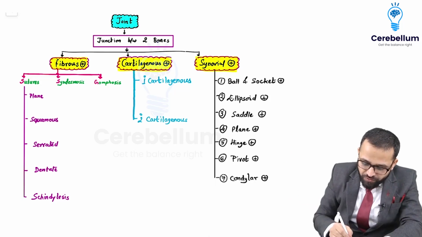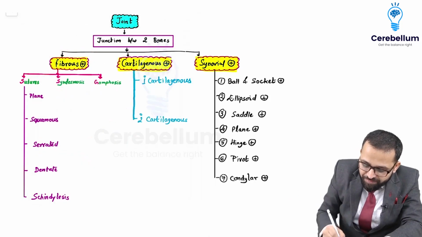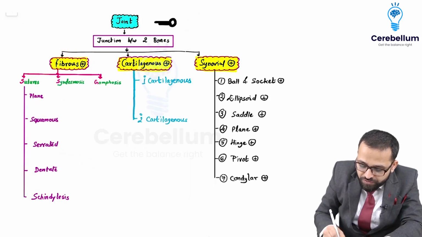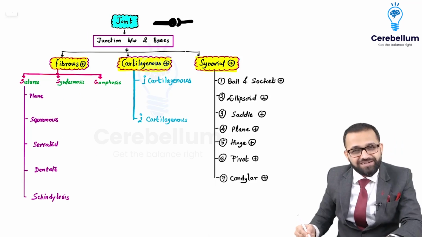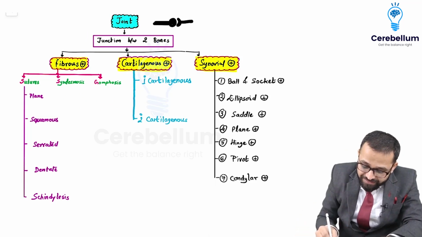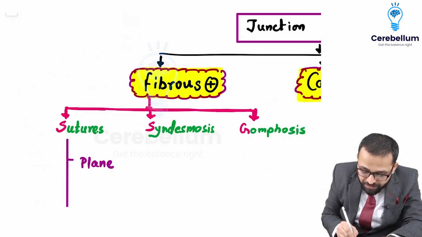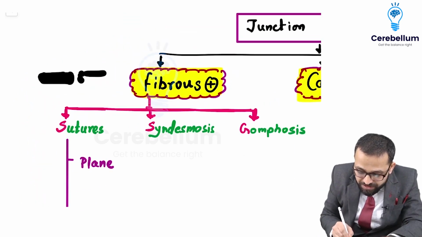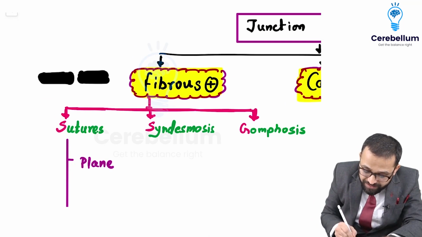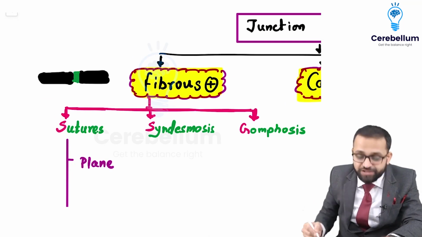Joint. What is a joint? Remember, there are two bones. The junction between the two bones is known as a joint. These are of three types. First, fibrous joint: the two bones are connected together with fibrous connective tissue.